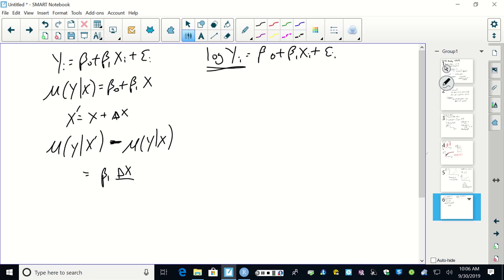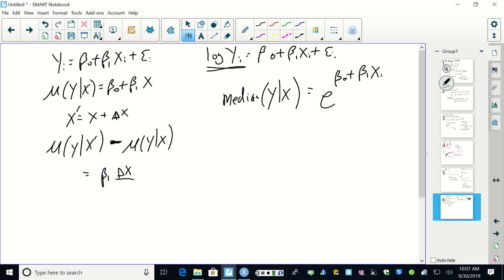The median value of y at a value of x: the median on log y is beta 0 plus beta 1 x, so we would raise that to a power, exponentiate it to go back, if this log is the natural log.